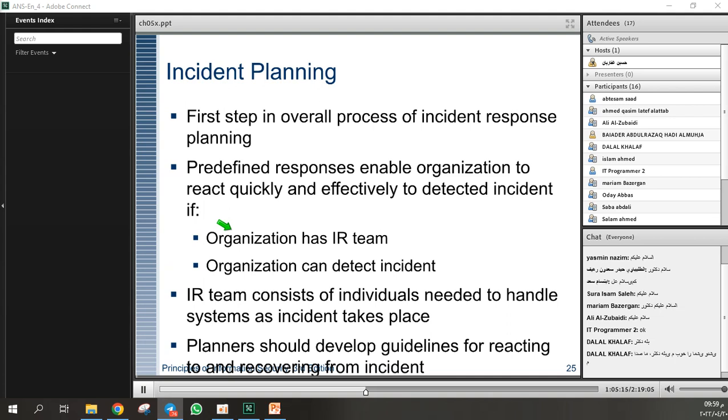So the organization must have an IR team that can detect the incident. Who are the members of the IR team? Maybe individuals who are responsible and must handle the incident and the systems affected by the incident. Okay, they are the IR team.